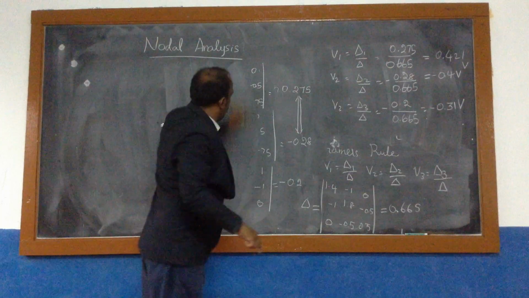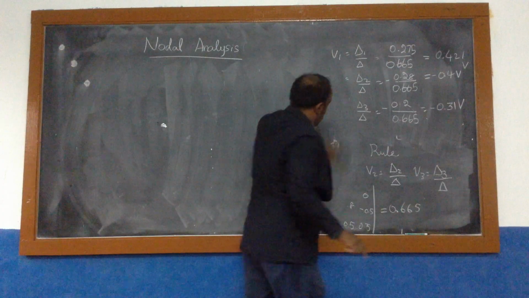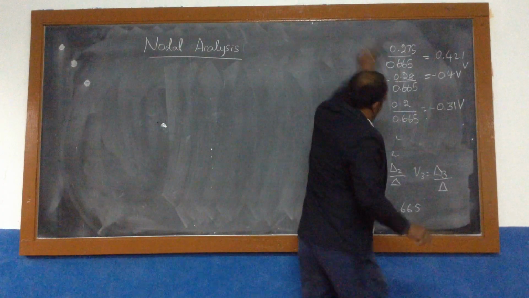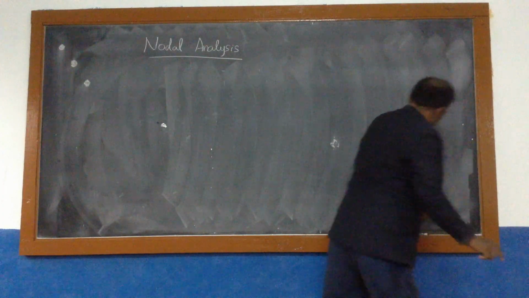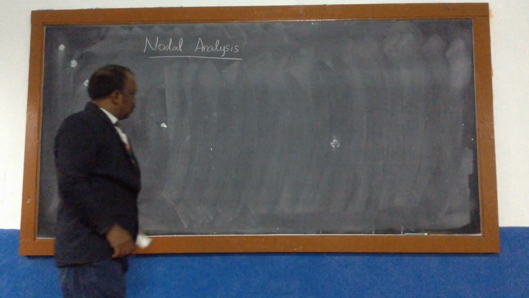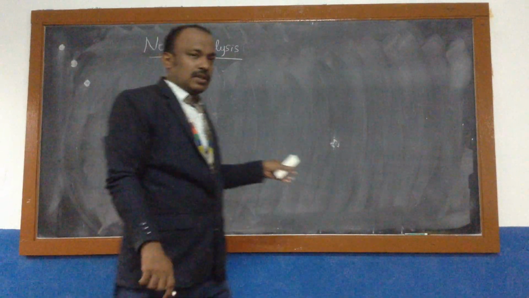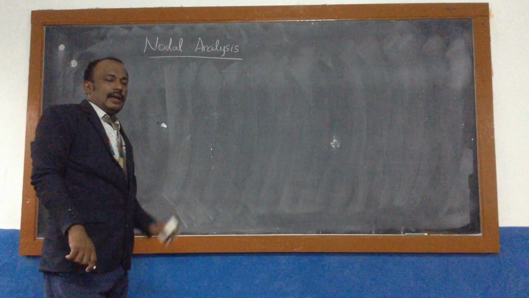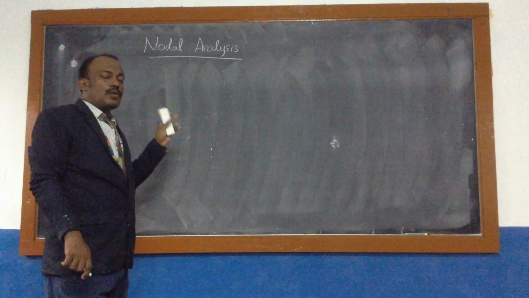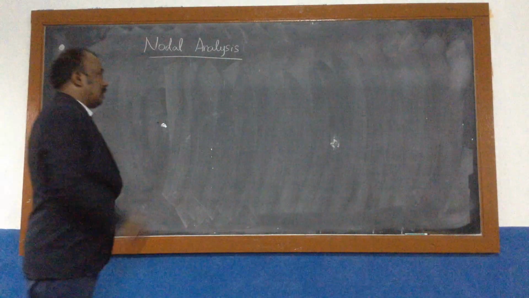Anyhow, to know your understanding level, I am going to draw one circuit randomly, and let me know how many nodes are there and how to write the matrix equation for that. Take this diagram.